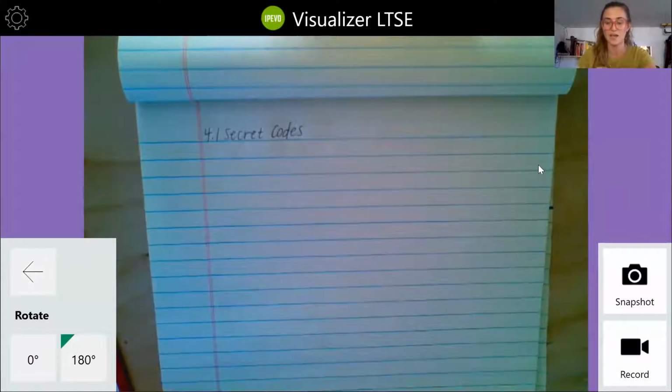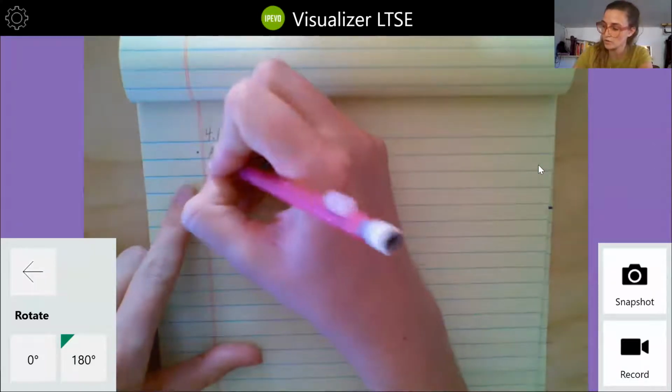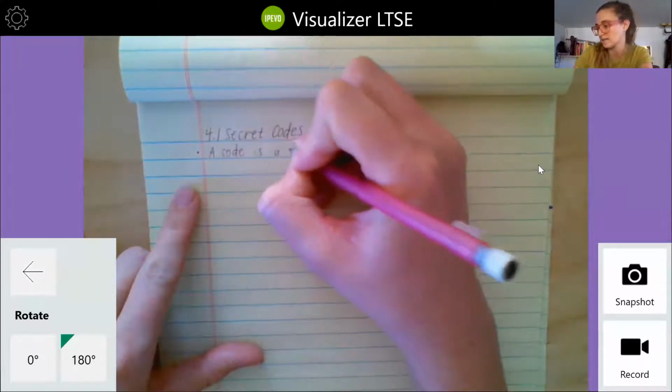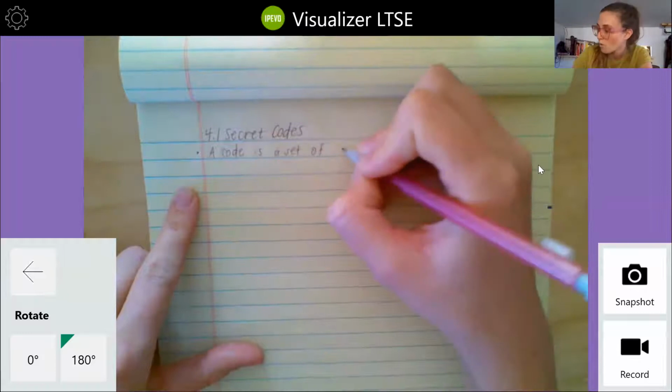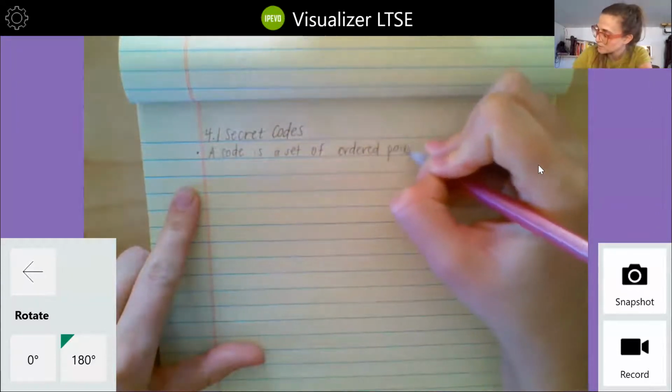When we were looking at these codes, we can think of that as a set of ordered pairs. So a code is a set of ordered pairs.